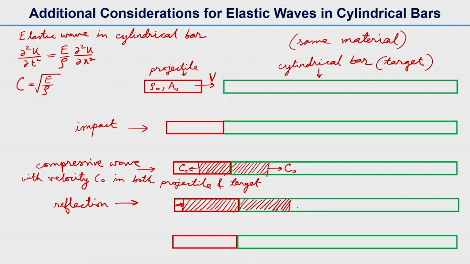Now, this is the total length of the pulse. We will see that after some time this wave will go into the target bar, and there will be no wave in the projectile bar.